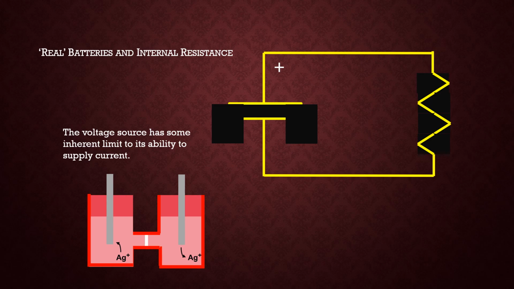So there's going to be a certain amount of limiting by the charged particle motion through the battery itself. So the ions have to get through the partition between the two compartments on the cell. So that will form an internal resistance, and that will ultimately limit the current delivery through a circuit.